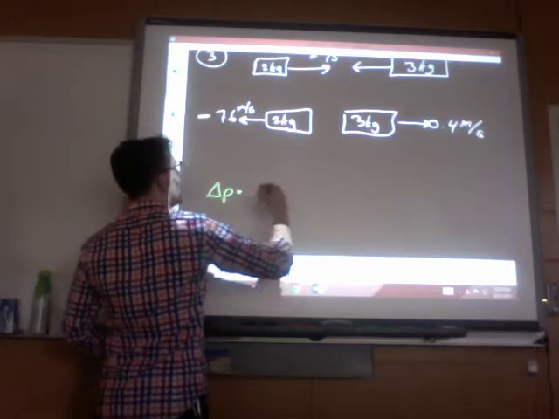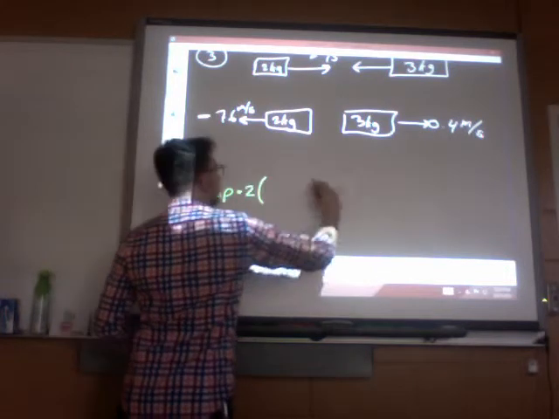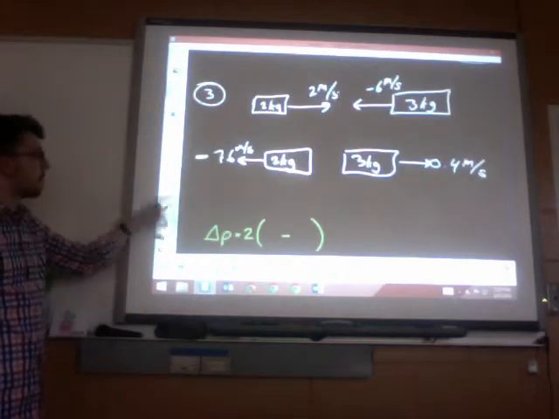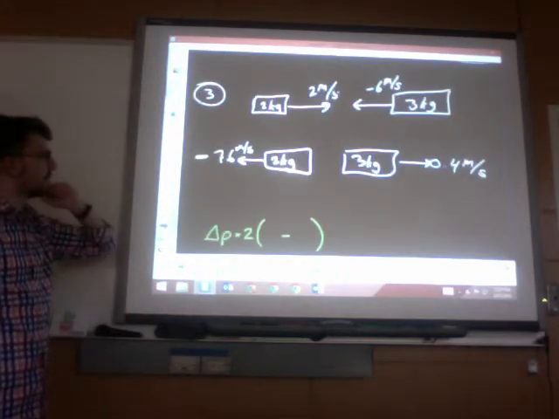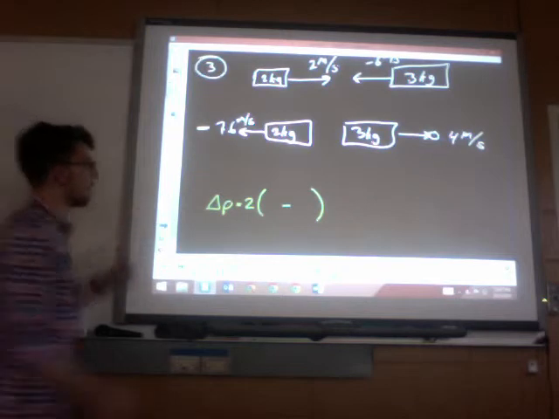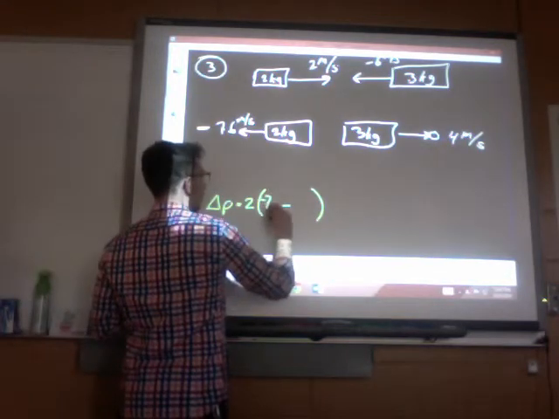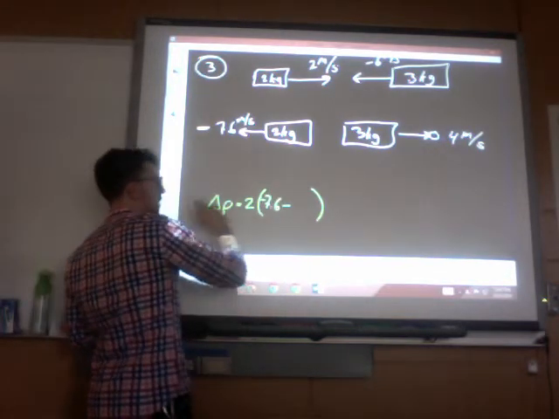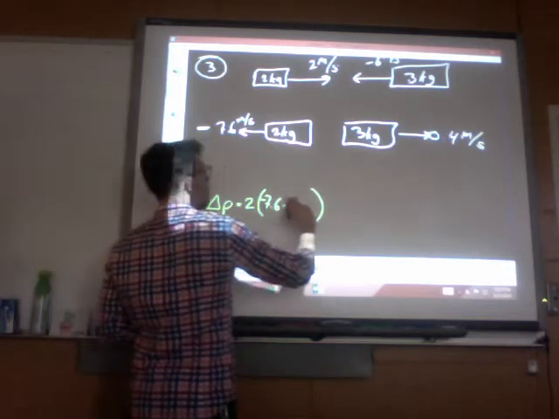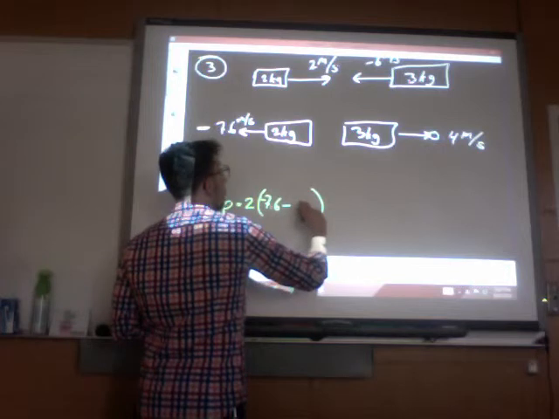Okay. 2 times, well, we're going to subtract, so it's something minus something. Which one goes first? Final, the 7.6. Super important here. Okay, so here's what we're writing. Delta P equals 2 times negative 7.6 minus 2.